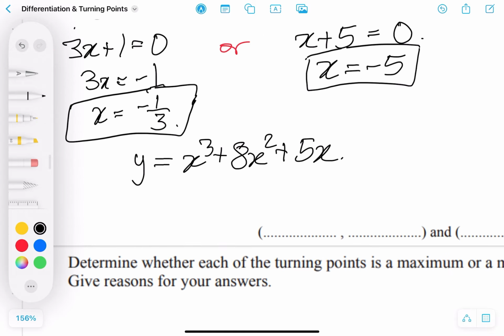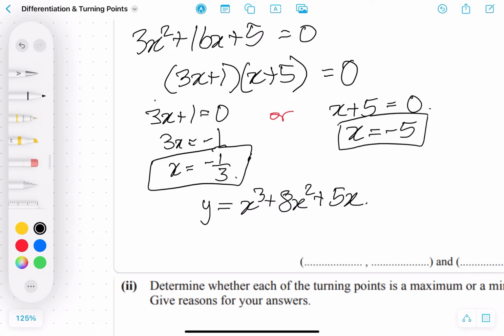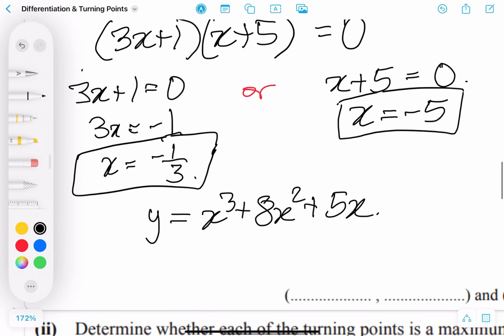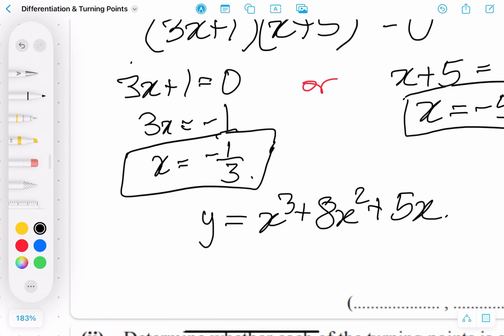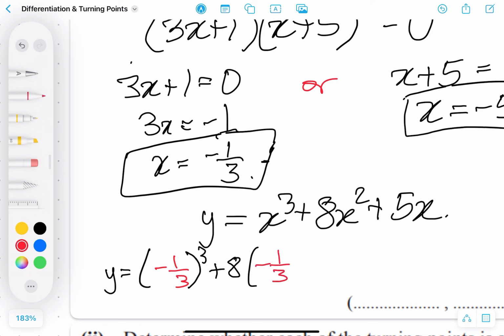And now all we have to do to find the y coordinate is to substitute in these x coordinates. So if we start with negative 1 over 3, we get y is equal to negative 1 over 3 cubed plus 8 multiplied by 1 over 3 squared plus 5 multiplied by negative 1 over 3.